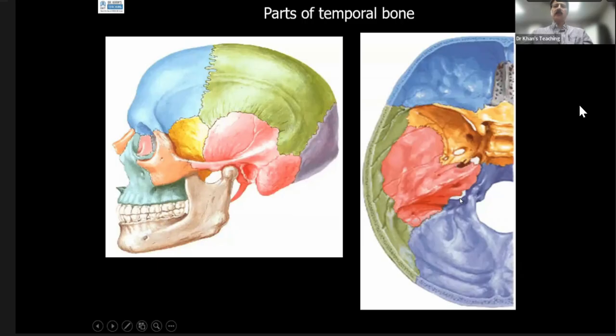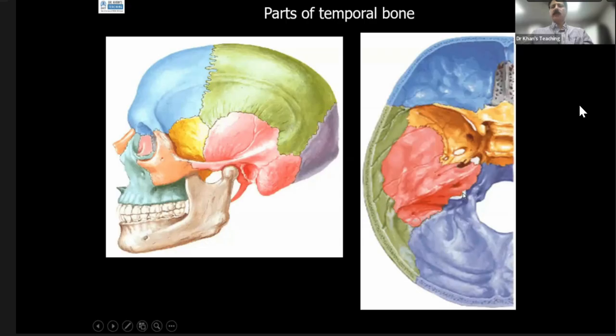And another MCQ: the jugular foramen is a foramen in the temporal bone, and again the answer is false. Please remember, it is a foramen in between the two bones. So this is the occipital bone, and this is the temporal bone. And this is a hugely important anatomical landmark for radiologists.